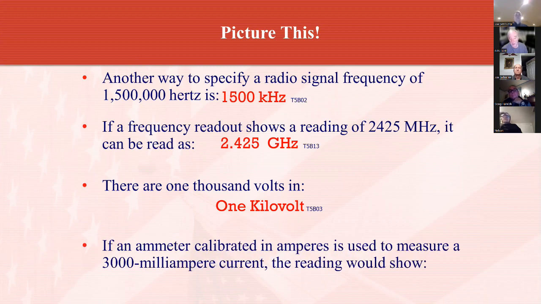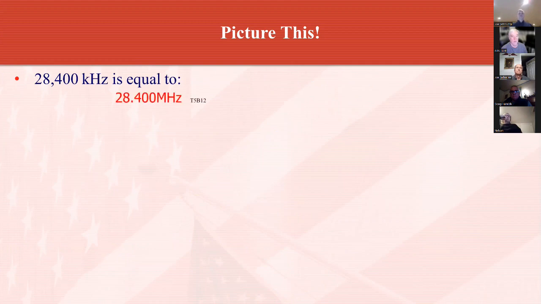If an ammeter calibrated in amperes is used to measure a 3,000 milliampere current, the reading would show 3. 28,400 kilohertz is equal to 28.400 megahertz, correct.